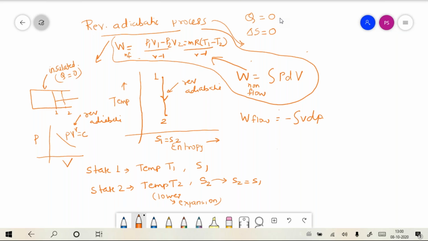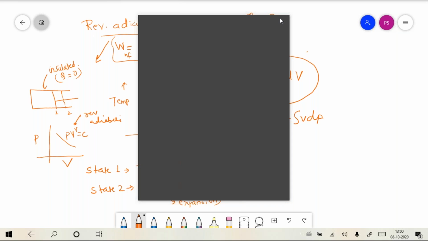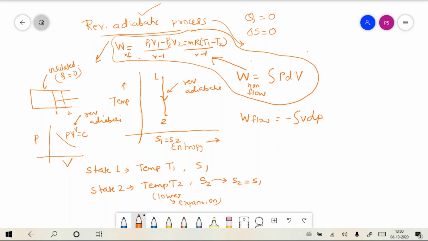exhibited by the closed system. By closed system I mean an arrangement like this, for example, a piston cylinder arrangement with insulated walls, because the heat transfer is zero, and the piston is moving.